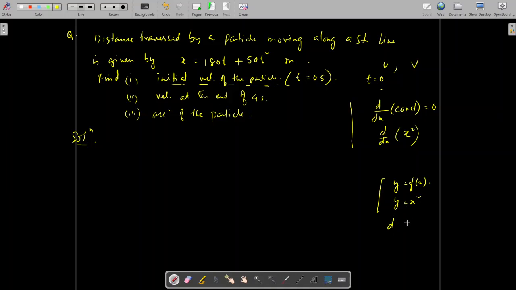So differentiation with respect to x means if x changes then y also changes. So differentiation is dy by dx. Now I always put the value of y here, so it will be d(x square) by dx.